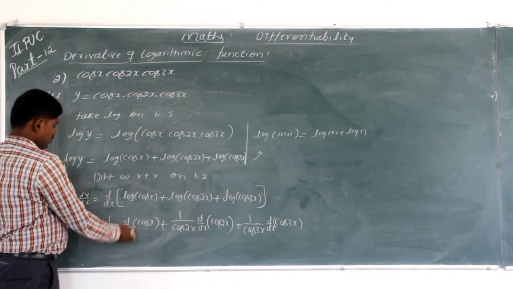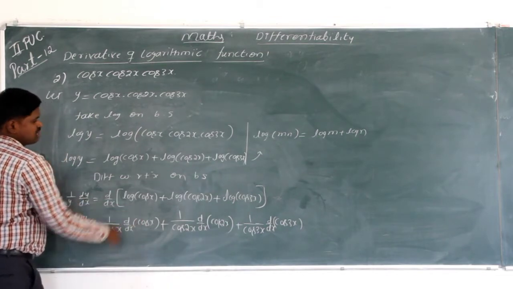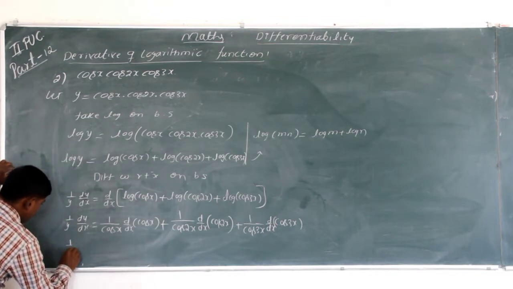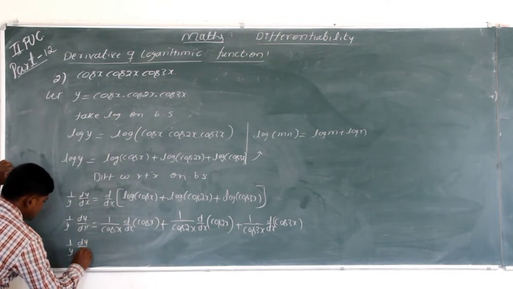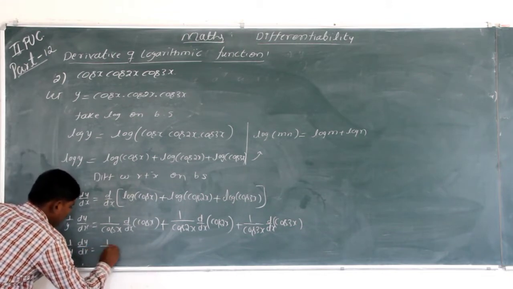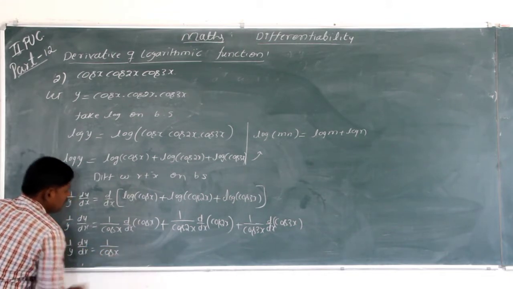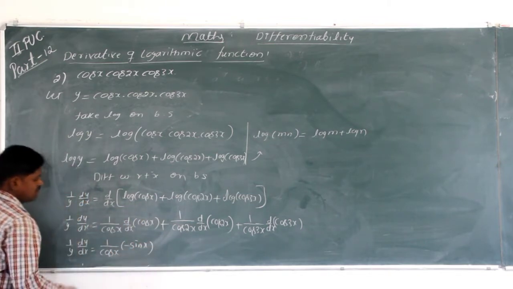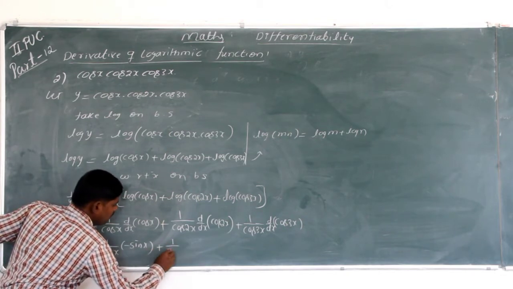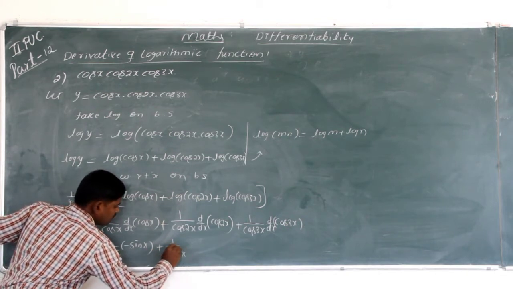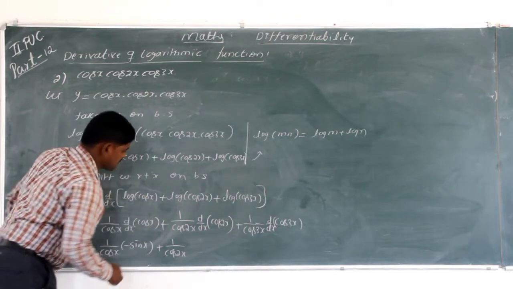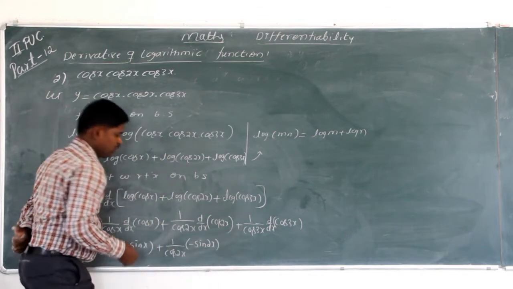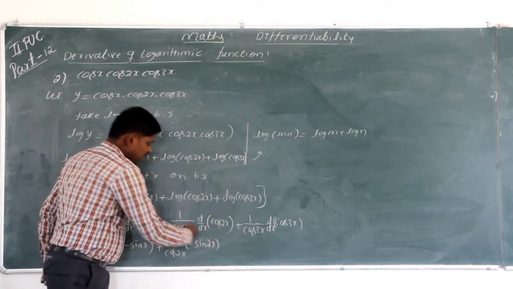Now we are going to differentiate the integrated by using chain rule. So 1 by y into dy by dx is equal to 1 by cos x, the differentiation of cos x is minus of sin x, plus similarly 1 by cos of 2x, differentiation of cos of 2x is minus of sin of 2x, into the differentiation of integral term, that is 2x.